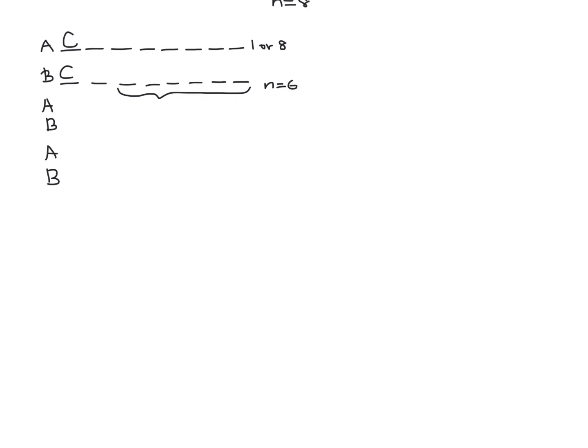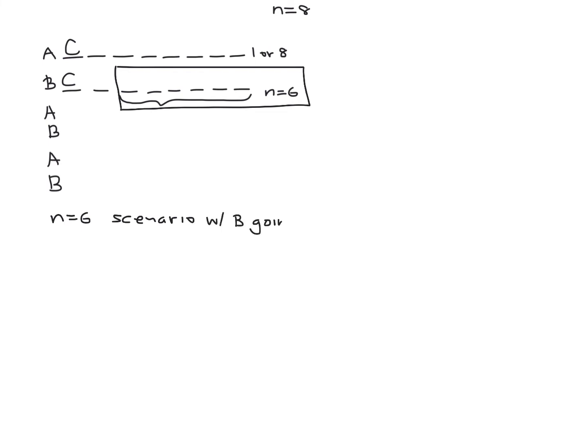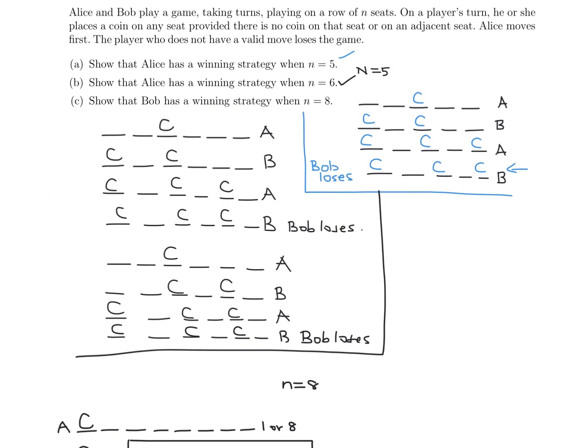But once you get down to here, this becomes a completely different ball game. This is n equals 6, but now Bob is going first. So it becomes an n equals 6 scenario with Bob going first. Since that's the case, all he has to do is use the strategy shown in part B, and he can win, because here the strategy was the same.